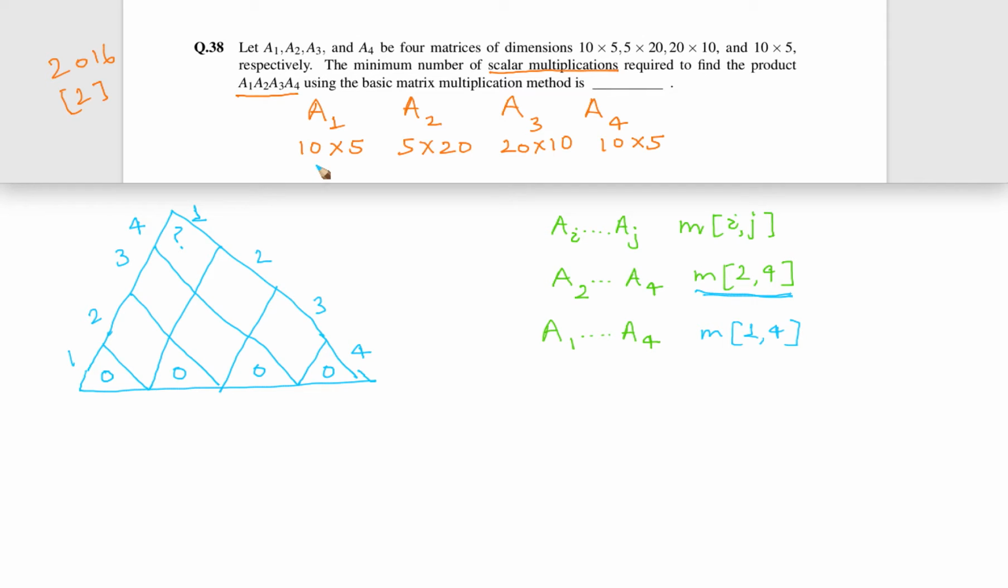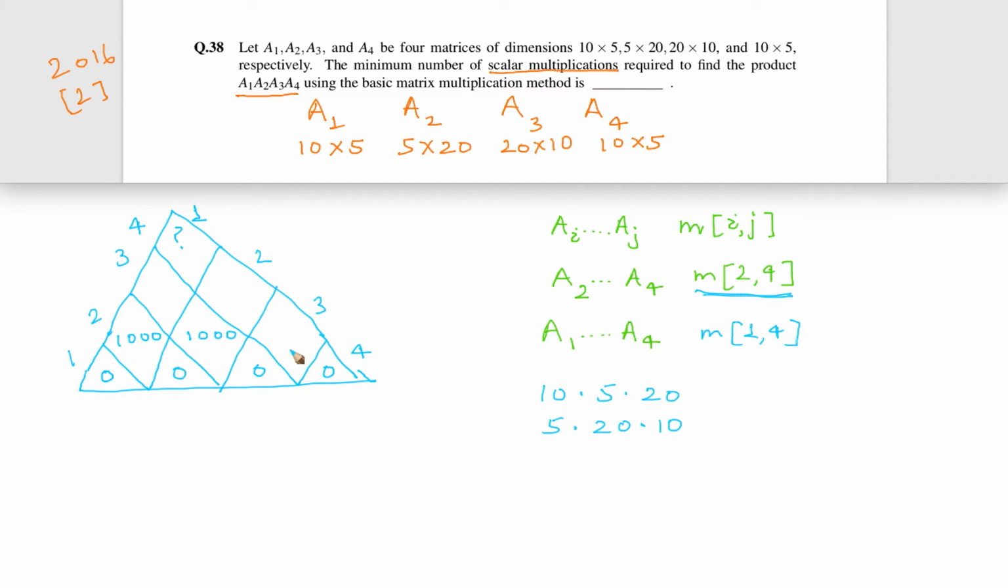We are multiplying a matrix of dimensions 10 cross 5 with a matrix of dimensions 5 cross 20, so the number of scalar multiplications will be 10 into 5 into 20, which is 1000. What about M23? When I multiply A2 into A3, it will be 5 into 20 into 10, so this many scalar multiplications will be done. This is 100 into 10, which is 1000.